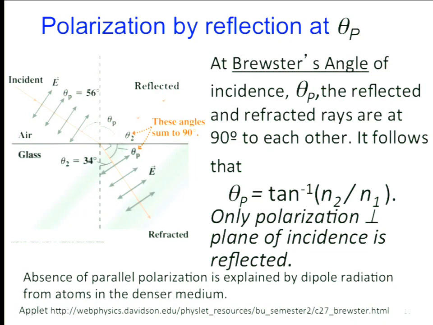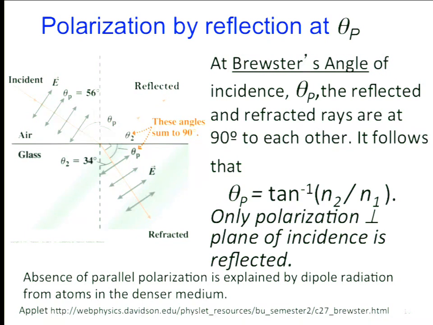So what we get finally, let me write it over here, is n1 sine of theta Brewster is equal to n2 cosine of theta Brewster, since the sine of 90 minus the Brewster angle is the cosine of theta Brewster.